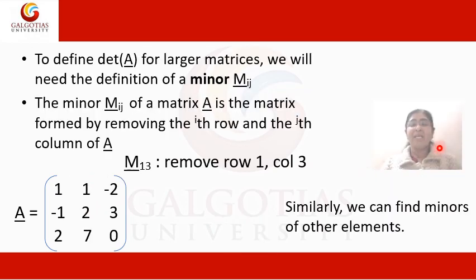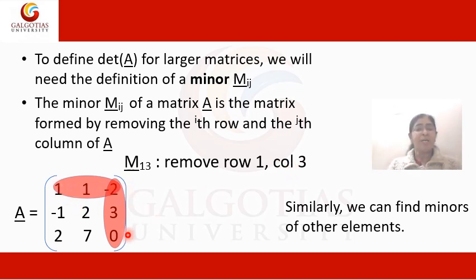Next is minor M13. How will I get it? I will get the minor M13 by removing row 1 and column 3. So remove the first row and third column. So I will get minus 1, 2, 2 and 7. So this is the minor M13.